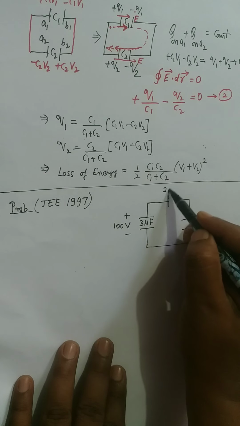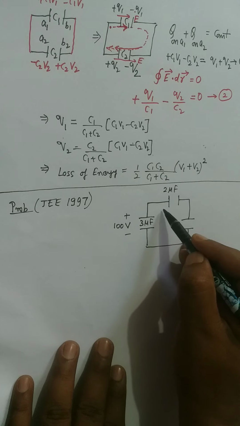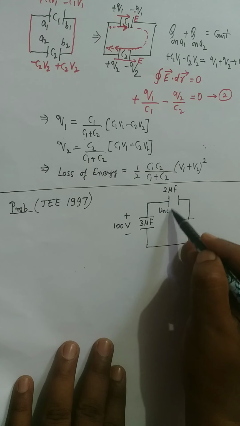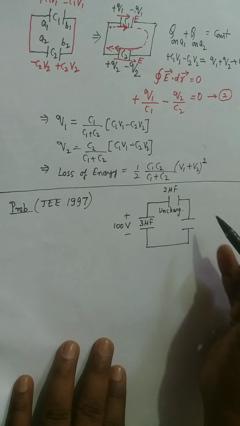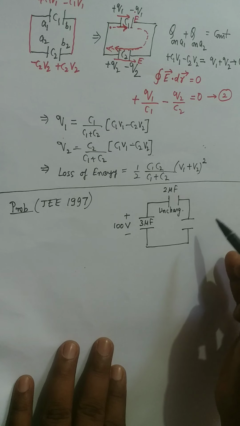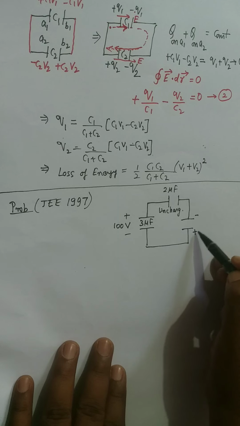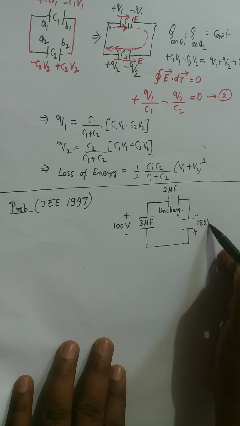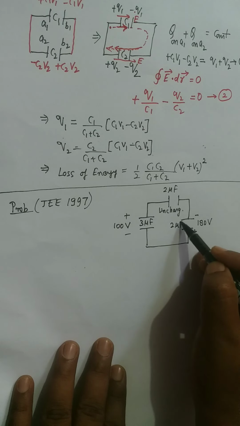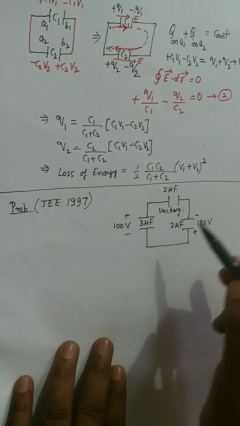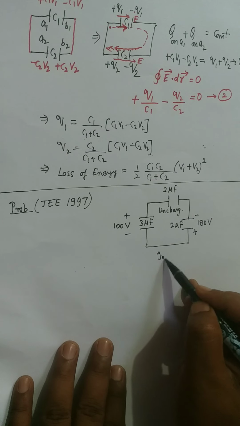The next has a 2 microfarad capacitance and this is uncharged. The third capacitor is 2 microfarad again and it is charged by minus plus 180 volt. This was the status at the initial moment.